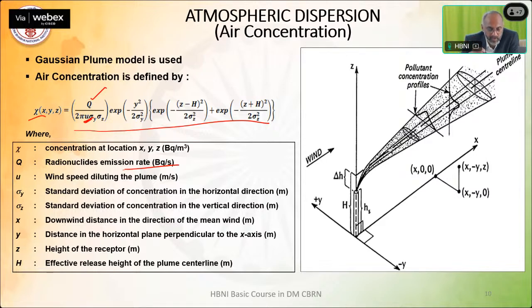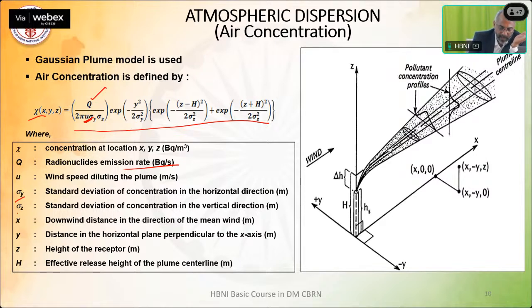So once you understand these variables, wind speed diluting the plume and the standard deviation of concentration in the horizontal direction, now you will have a three-dimensional deviation, where you will see the horizontal direction as well as the vertical direction, the standard deviation of concentration in both.